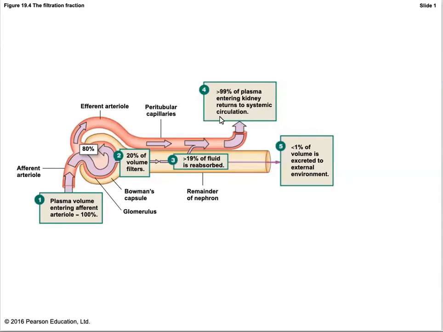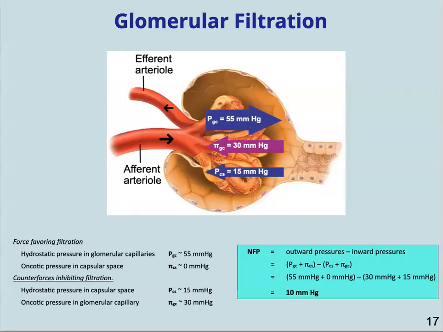So over 99% of the plasma that enters into the kidney ends up being returned to the systemic circulation. Your kidneys are really, really good at retaining volume. Otherwise you would quickly dehydrate to death.